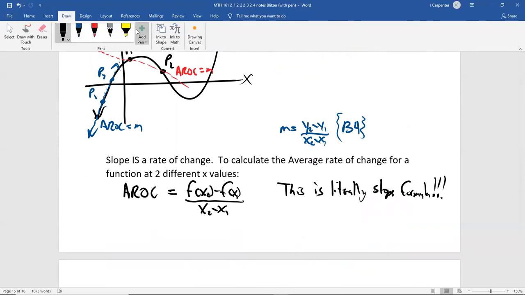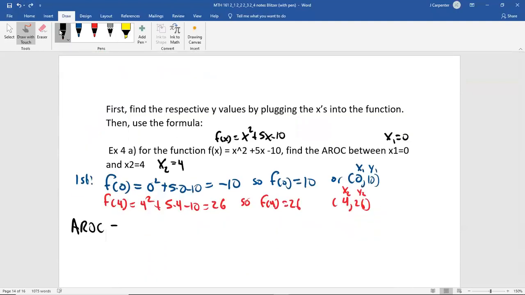It's this: f of x2 minus f of x1, which were the y values that we found, the 26 and the 10, divided by the difference of the x values. So the f of x2 is the 26, that's the y2, minus f of x1, which is the 10. Again, also known as y2 minus y1, over x2 minus x1.